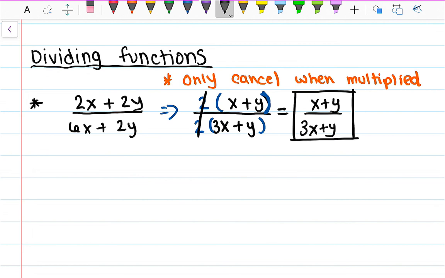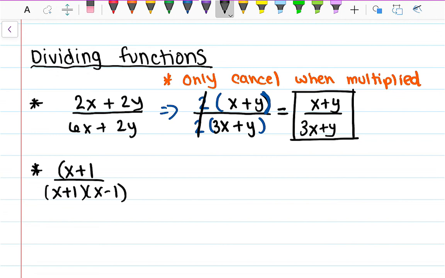So let's look at another one. So let's say I have x plus 1 times x minus 1, over x plus 1. Okay, what can I simplify here? Let's look at your numerator and the denominator. Okay, so remember you can only cancel when it's being multiplied.